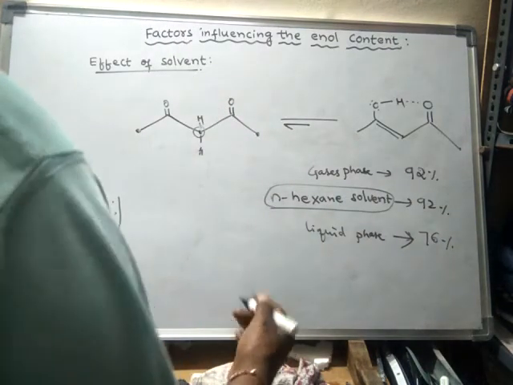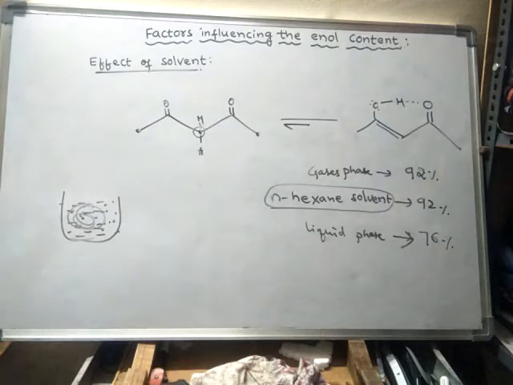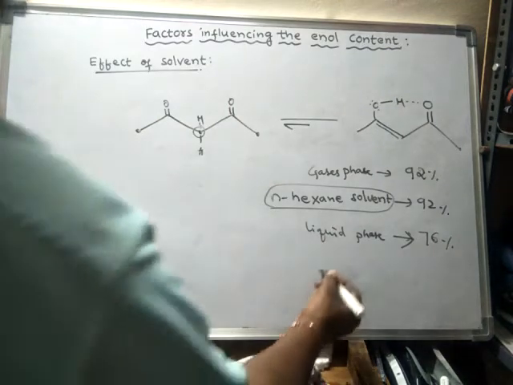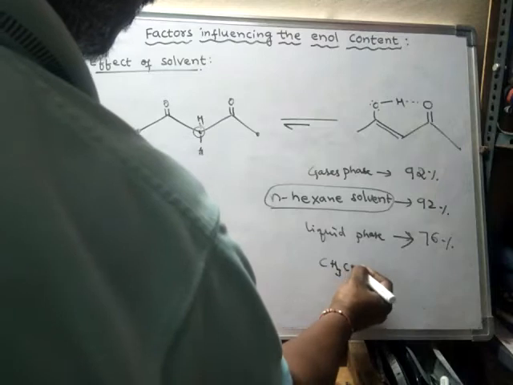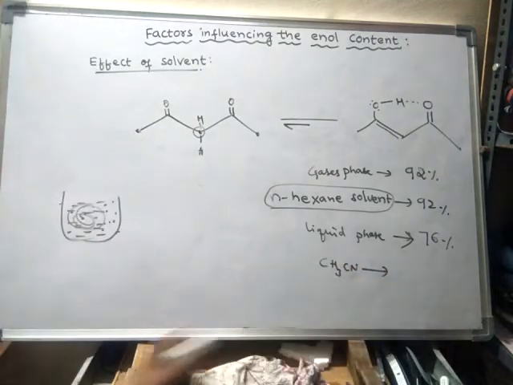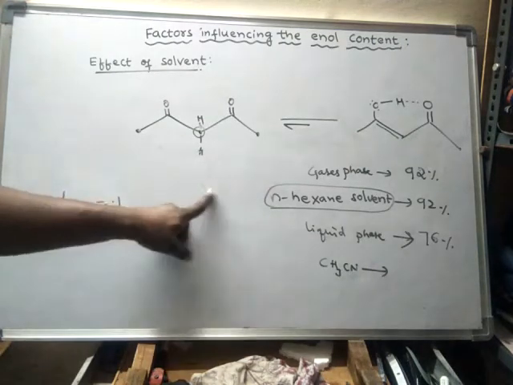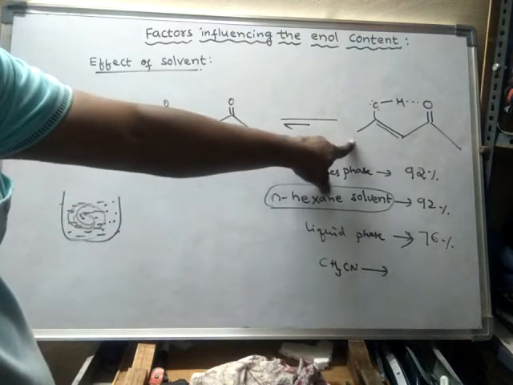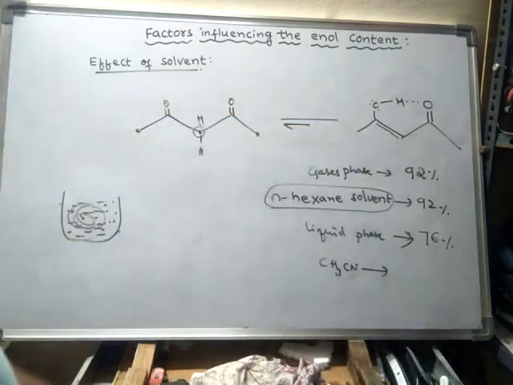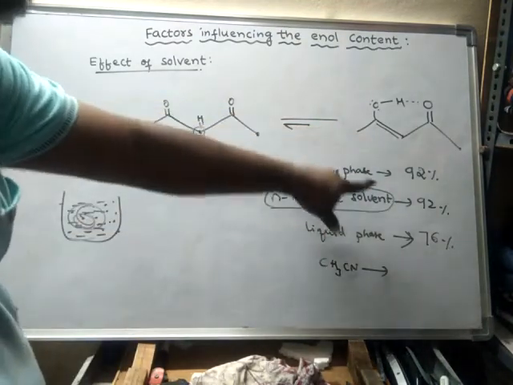Suppose you take a polar aprotic solvent like methyl cyanide. If you keep these two in a polar aprotic solvent, the percentage of enol will be less, not this much.